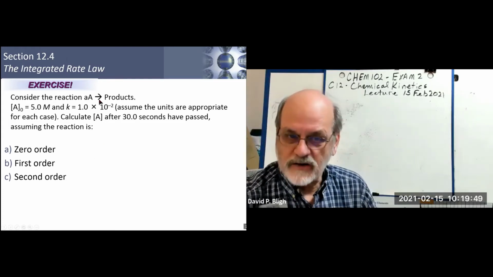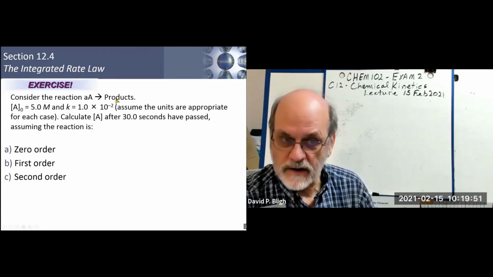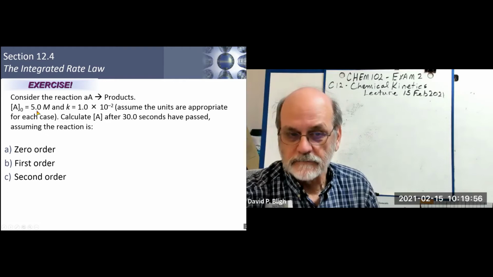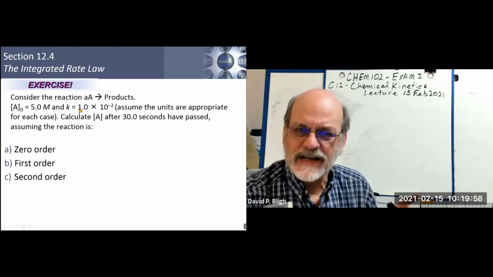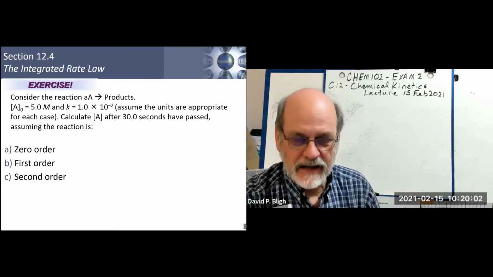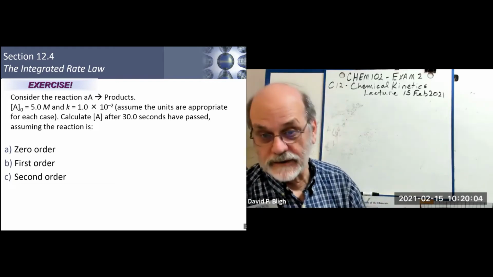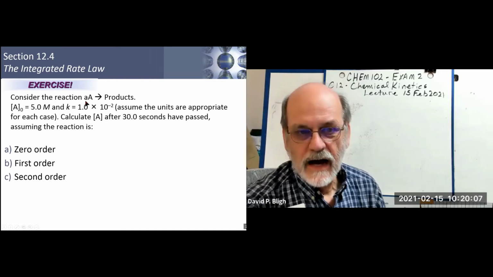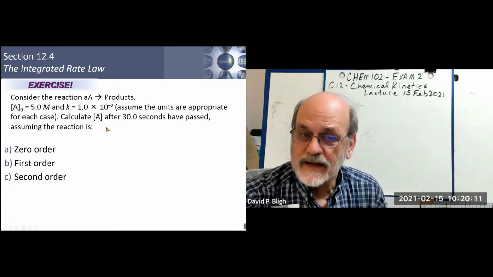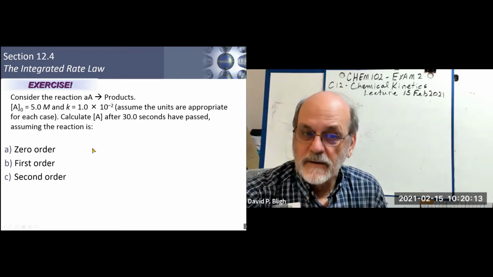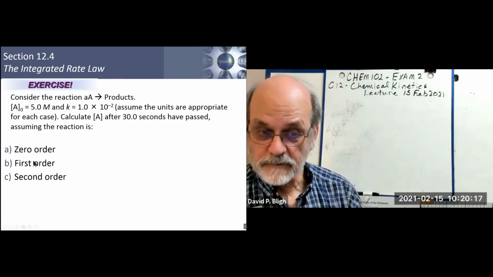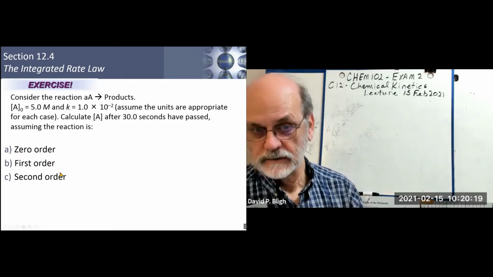Say we have this reaction. A becomes products. And we start off with the same concentration as before, 5 molar. And now we got a different K. We don't have the same K as before. It's a different K. It's a different reaction, actually. Calculate the concentration of A after 30 seconds have passed if the reaction were 0 order, first order, or second order.